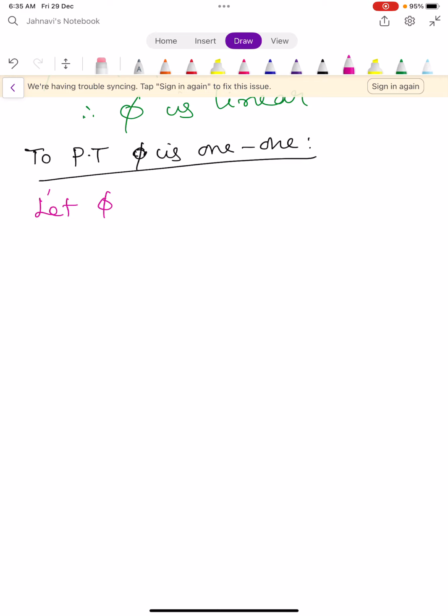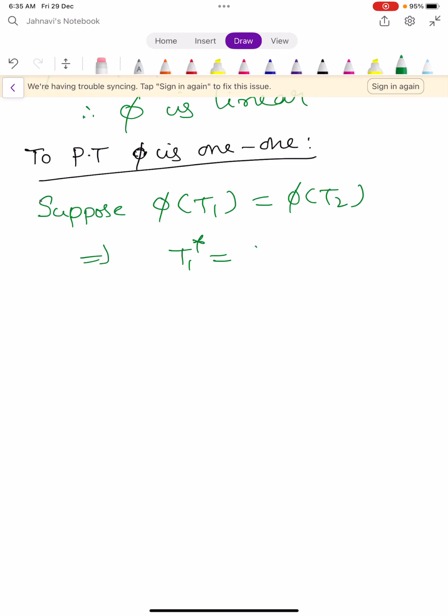Suppose pi of t1 is equal to pi of t2. So this condition implies t1 star is equal to t2 star. This implies norm of t1 star minus t2 star is equal to 0.